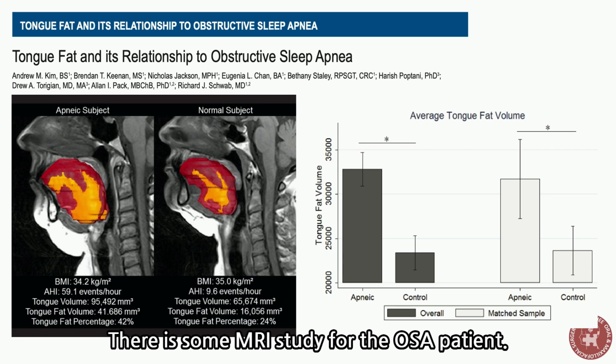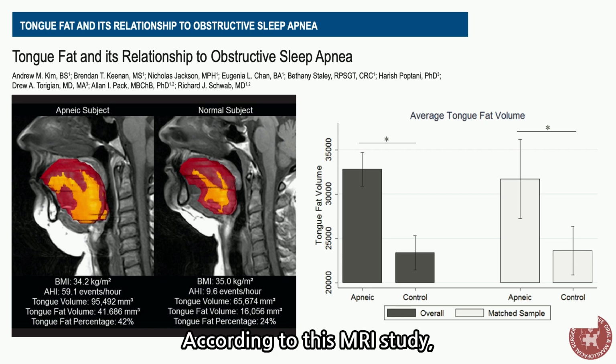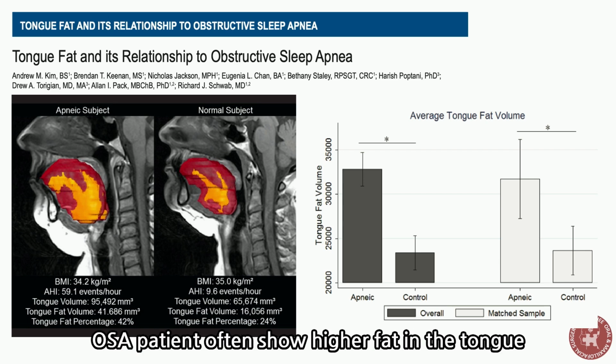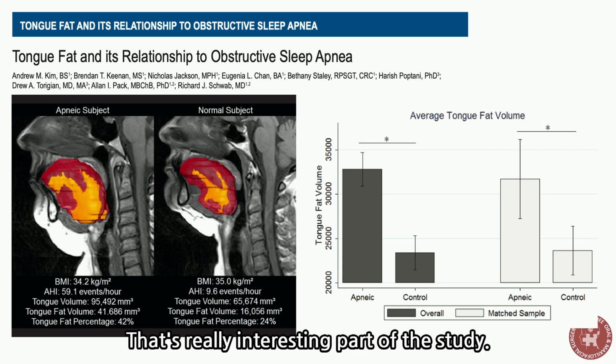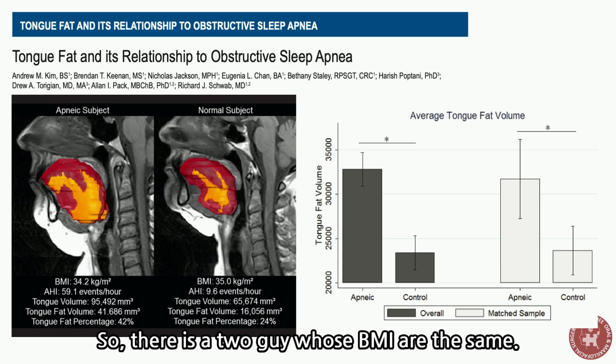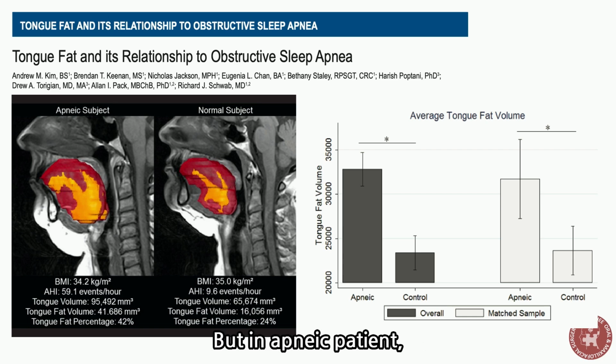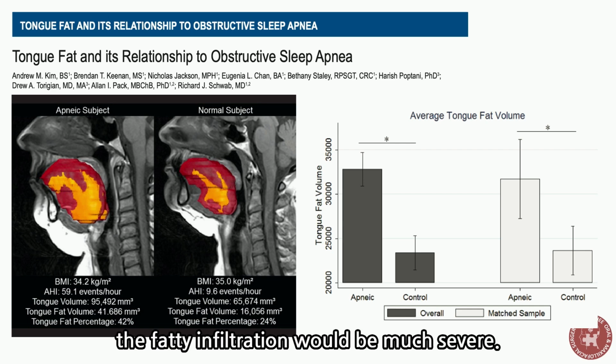There is some MRI study for OSA patients. According to this MRI study, OSA patients often show higher fat in the tongue compared with normal subjects with the same BMI. That's a really interesting part of the study. So there are two guys whose BMIs are the same, but in the OSA patient, the fatty infiltration would be much more severe.